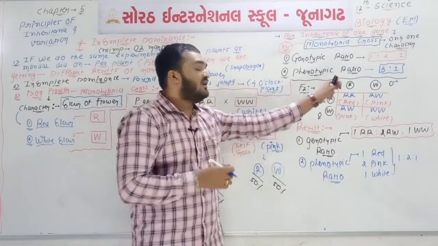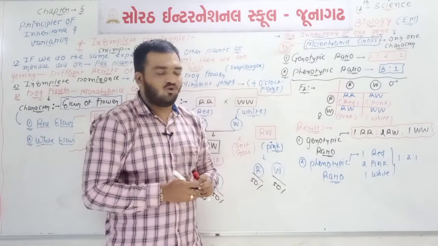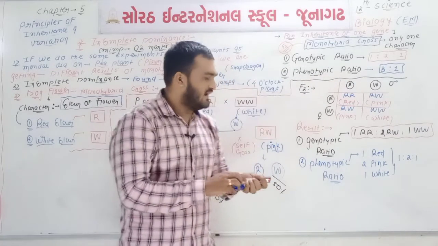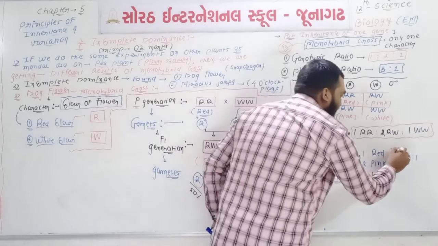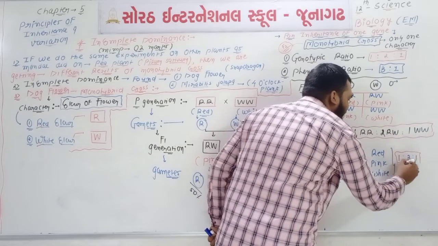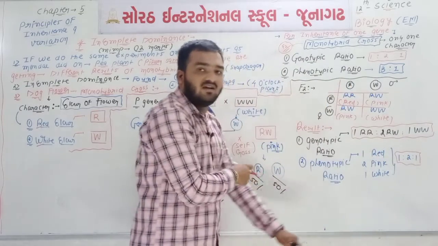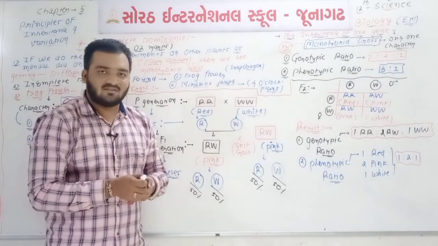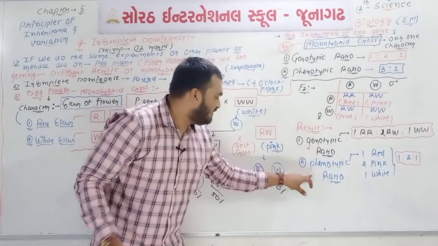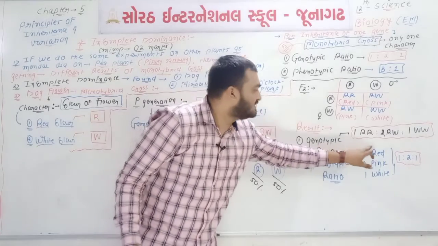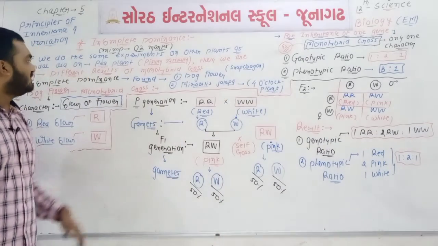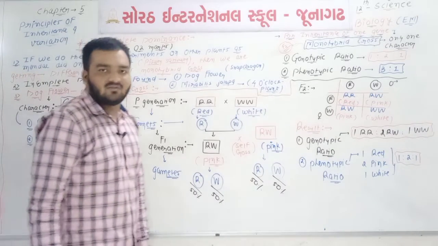According to Mendel's monohybrid cross, the result will be 3 is to 1, and here we are getting a phenotypic ratio of 1 is to 2 is to 1. It means in incomplete dominancy the genotypic ratio and phenotypic ratio both are same. See, both are 1 is to 2 is to 1. Okay, so it's all about incomplete dominancy.